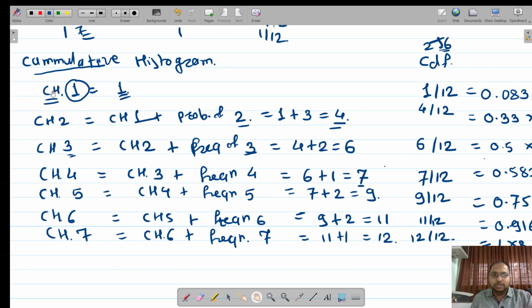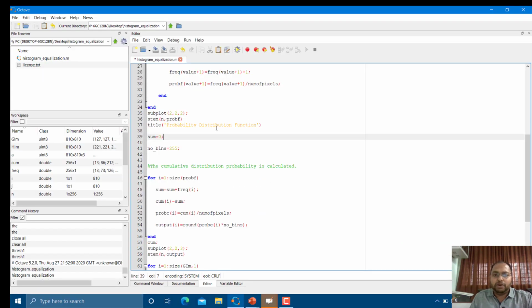Instead of representing cumulative histogram, let us represent this as sum. So this is now holding sum. Over here also, sum plus probability of 2 is, let us say, 3. Likewise that operation is going to be performed.